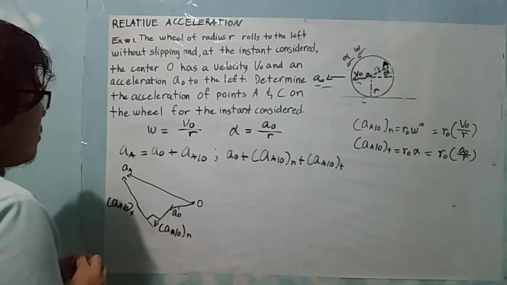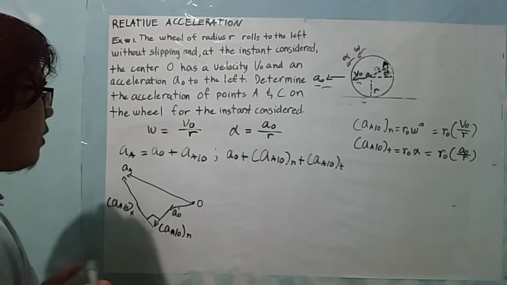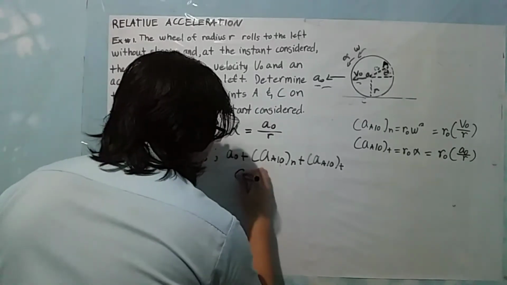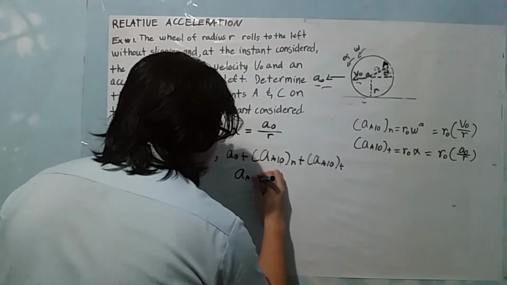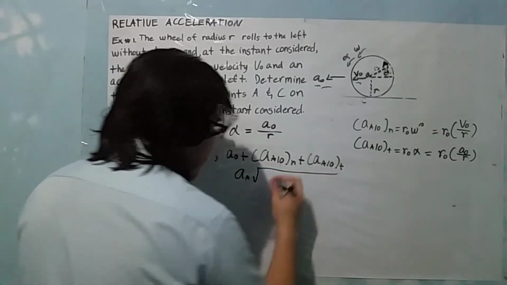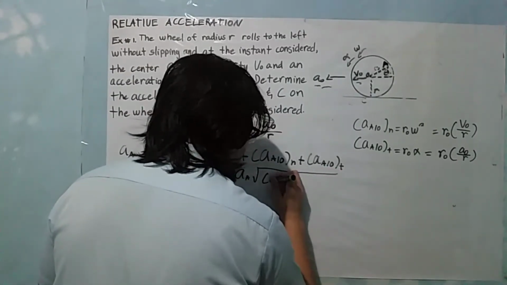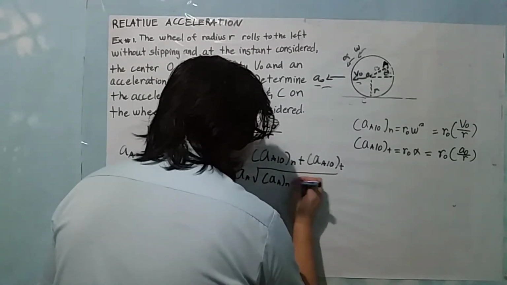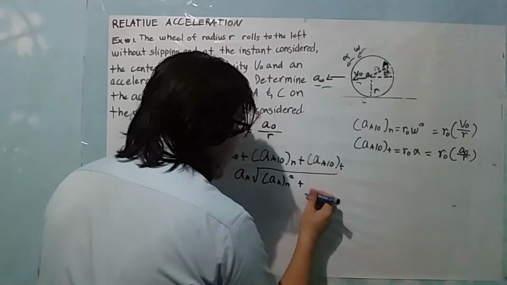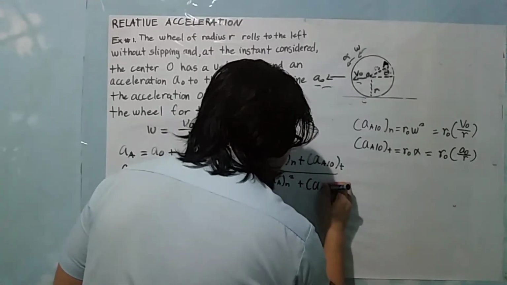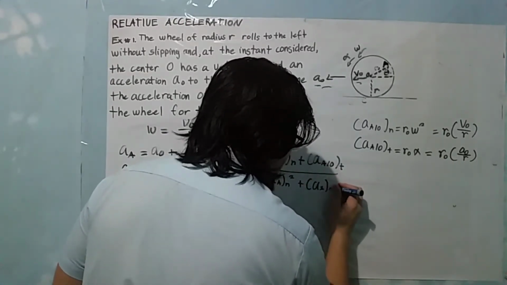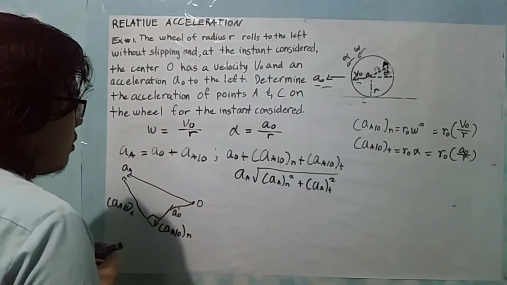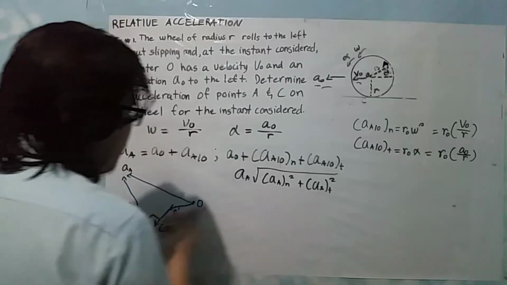For us to solve the acceleration at point A, we're going to use the Pythagorean theorem, which is acceleration at point A is equal to the square root of acceleration A normal squared plus acceleration A tangential squared. Now we are going to solve for these two.